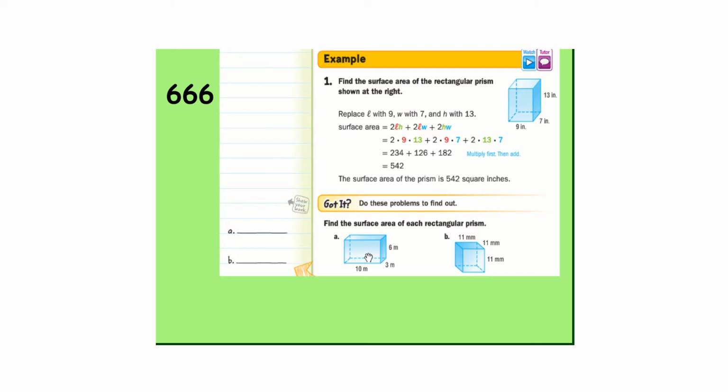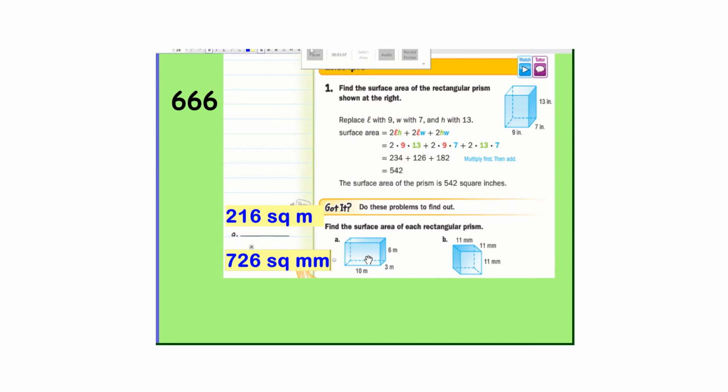So try letter A and B. Look at B, it's 11 by 11 by 11. So basically for B, if I take 11 by 11, take that times 6 because they're all the same, you'll have that one done. So go ahead and pause and do those. Okay, so letter A, 216, and B is 626 square units.